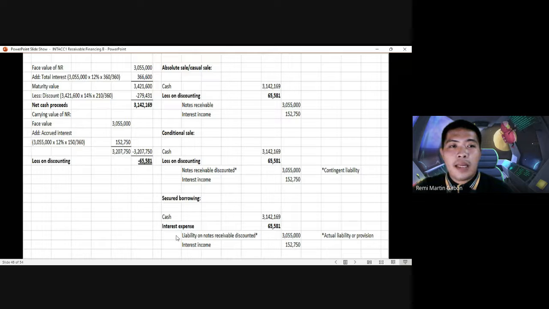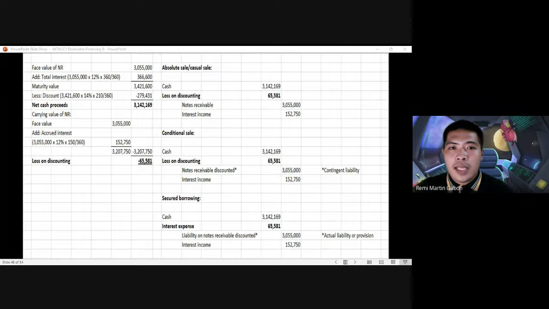Okay? Next, for secured borrowing, instead of debiting to loss, the 65,581 will be debited to interest expense. Reason, kasi nga yung term borrowing. And the basic concepts of borrowing, we recognize interest rather than a loss. Kapag sale, absolute man or conditional, loss. Pero kapag secured borrowing, interest expense. So pag tinanong, loss on discounting under absolute sale, 65,581.